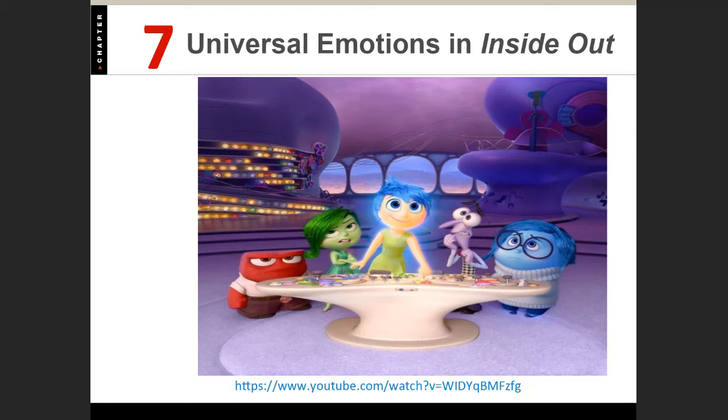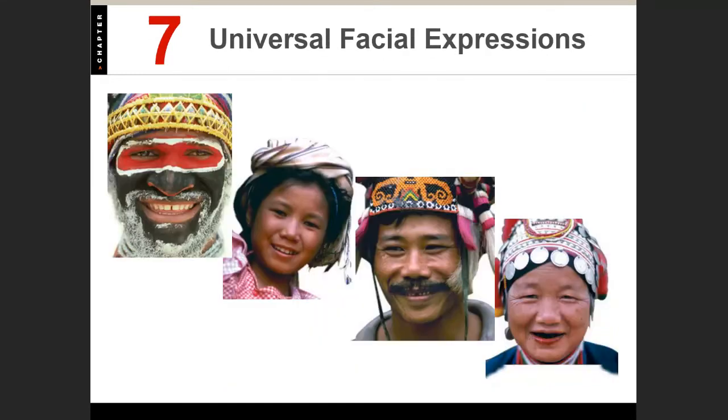So, and then this is an example right here of the universal expression of emotion. So these are obviously 4 people from 4 different cultures, and they all express their emotions with a smile. What's different in their smile is that in some cultures, it's not appropriate to be very expressive in how you display your emotions.